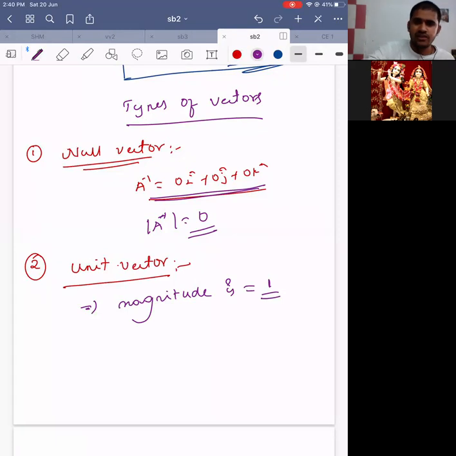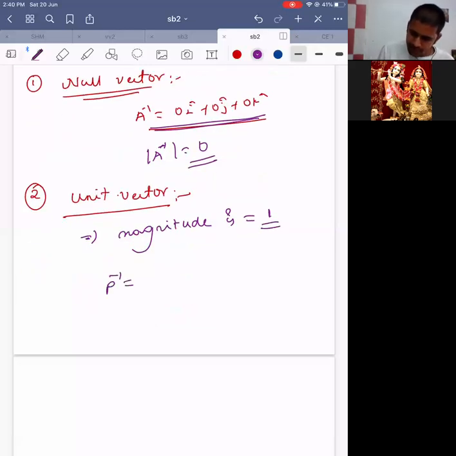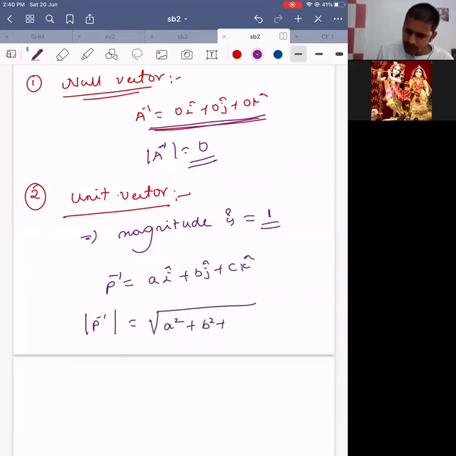So then how do we find the unit vector? First write a vector P bar is equal to A i cap plus B j cap plus C k cap. Now mod of P bar is equal to square root of A square plus B square plus C square.